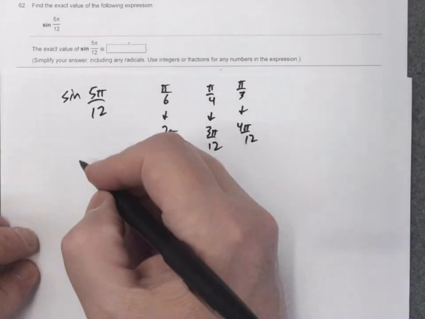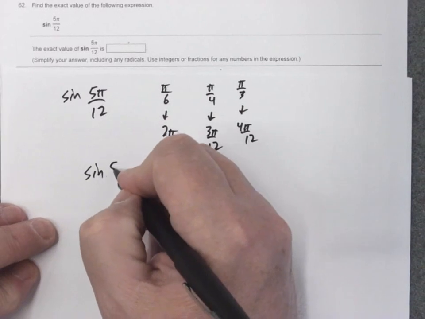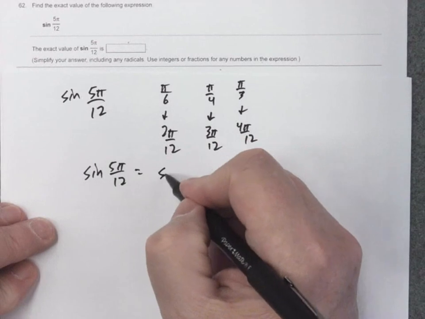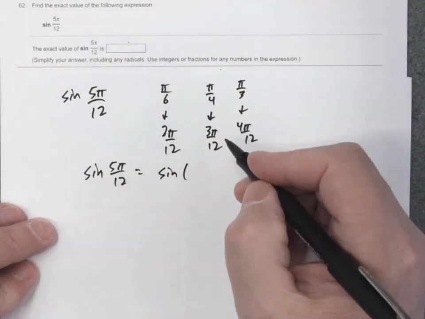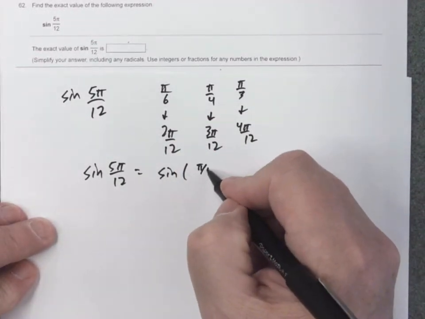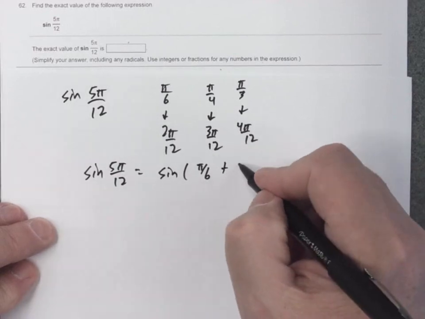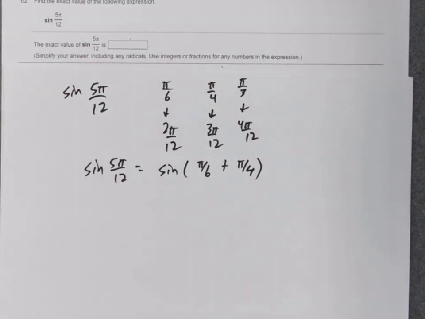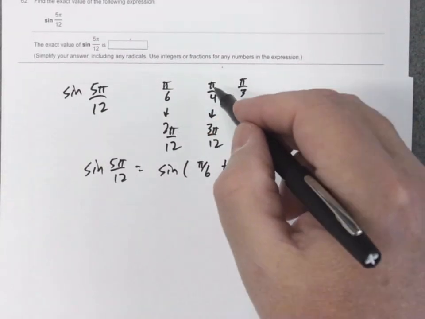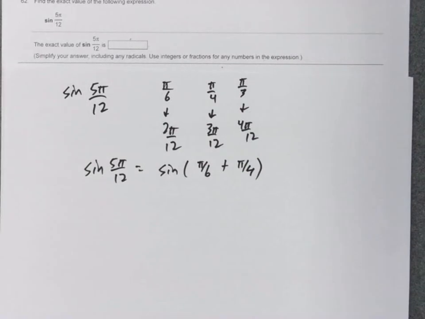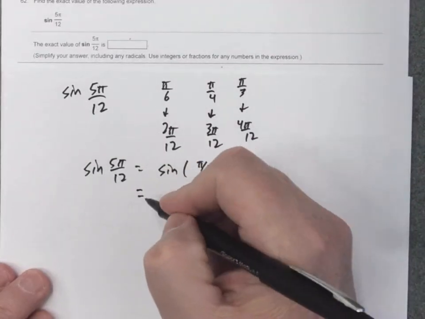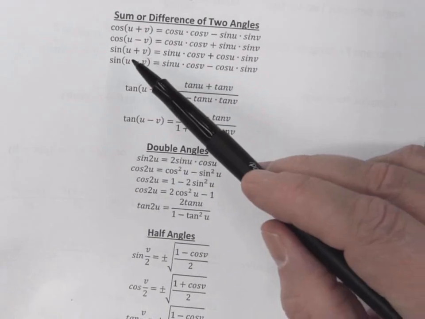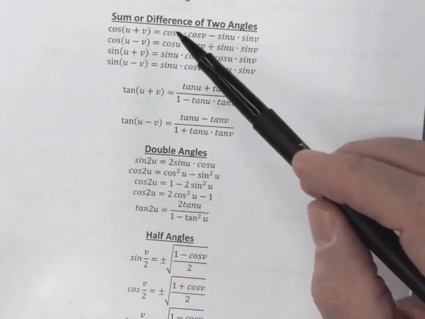So really the sine of 5 pi over 12 actually equals the sine of pi over 6 plus pi over 4, because pi over 6 is 2 pi over 12, and pi over 4 is 3 pi over 12. Now I can use the formula for the sine of adding two angles together.